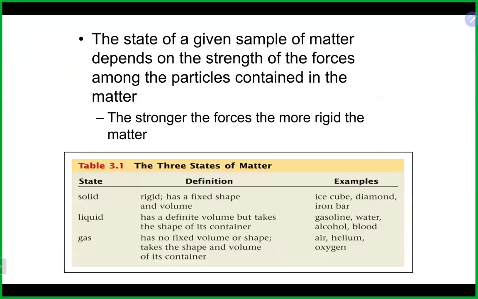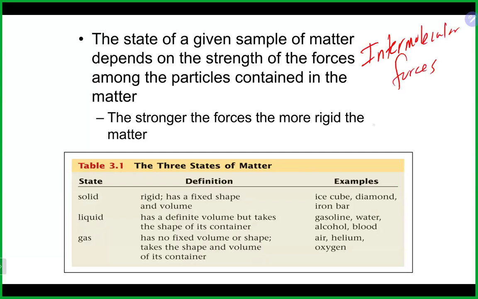The state of matter depends on the strength of the forces that hold the molecules together. The stronger the force is, the more likely it's going to be a solid. That also accounts for the interaction between a molecule and itself, like water and water, which is sometimes referred to as intermolecular forces, which we'll talk more about in a later chapter.